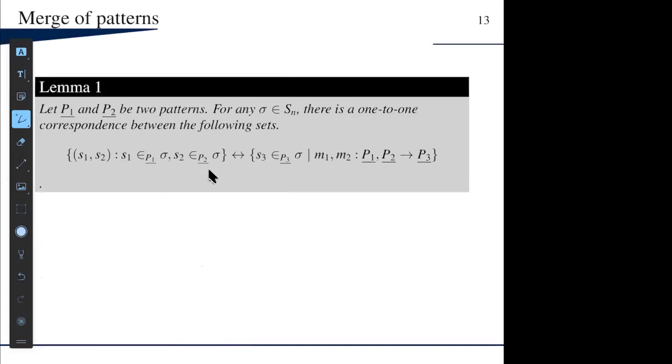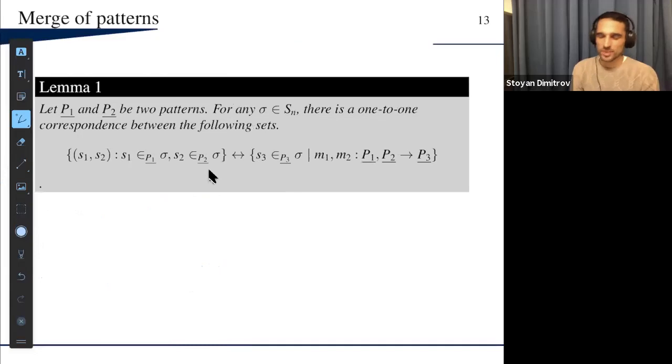So basically the lemma I'm substantially using here is what I just said: for any pair of occurrences of two given patterns, I have another occurrence of another pattern that corresponds to a merge of the first two patterns.